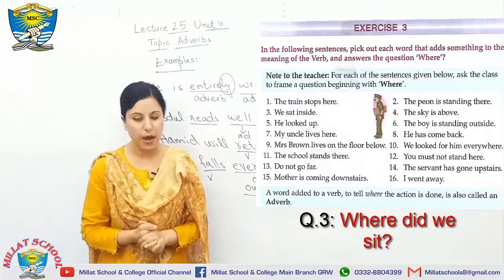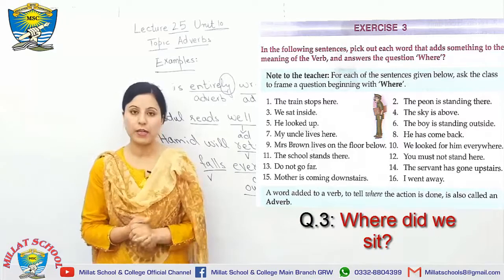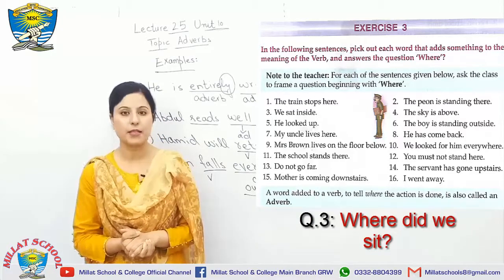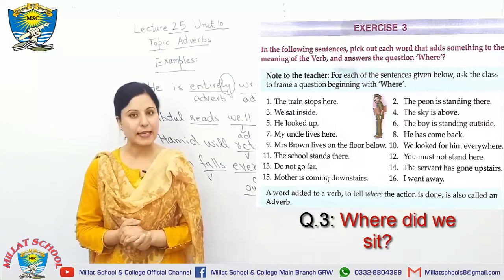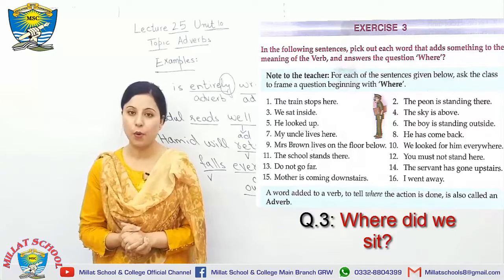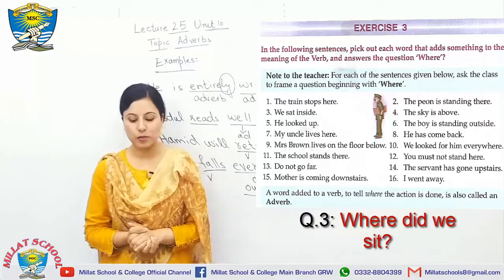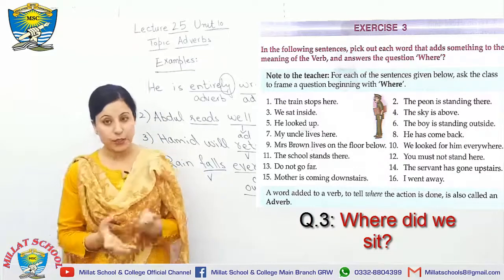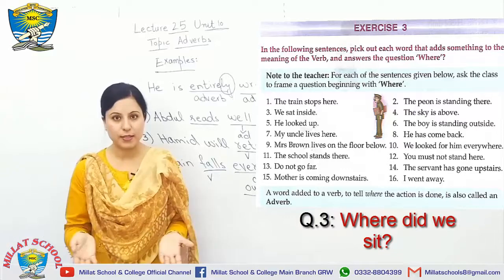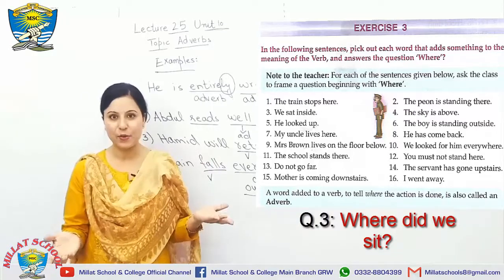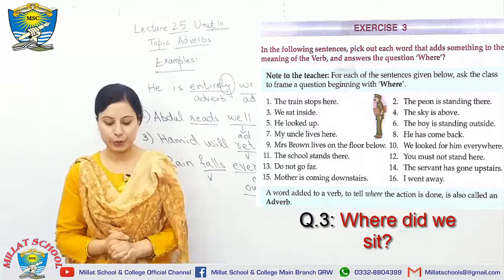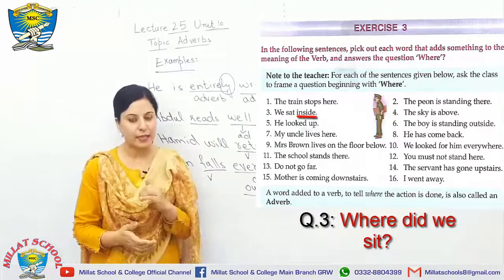So there are some answers for us, so we will convert them into questions by using past tense. Because we sat inside tells us that sat is a verb that tells us about the past. So have a look at the question. Where did we sit? Where did we sit? Again I have used the word where here for you. So you will tell us about inside.